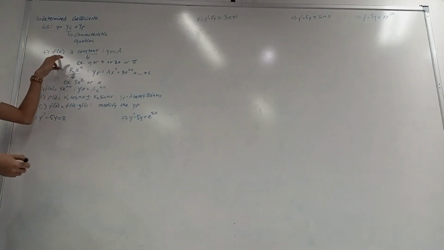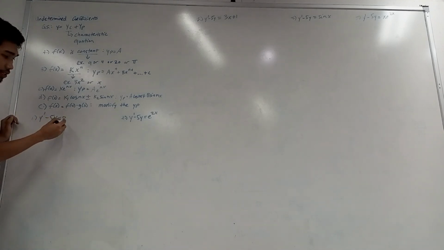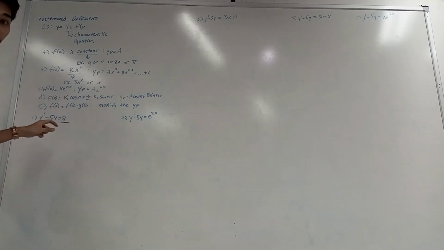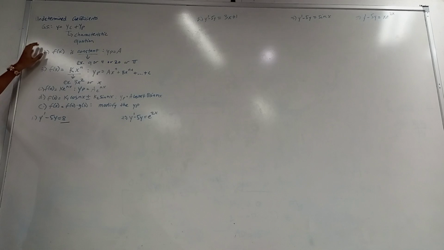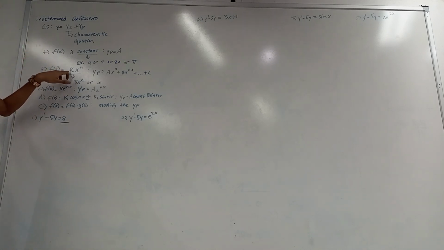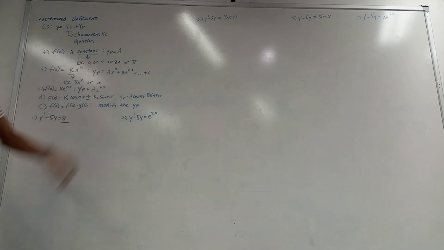So, asan ba yung f of x? So, f of x is yung nandito sa equated right side ng equation. And then, yun yung sa A.